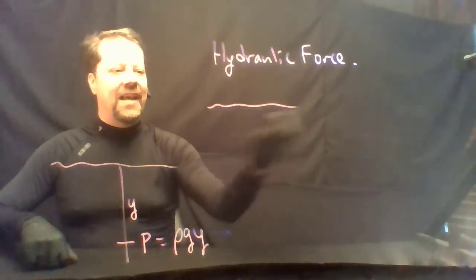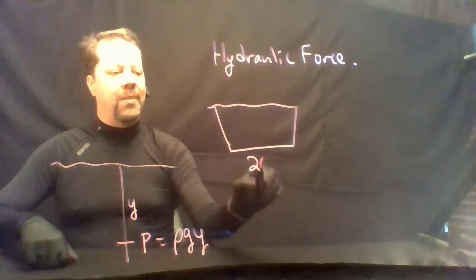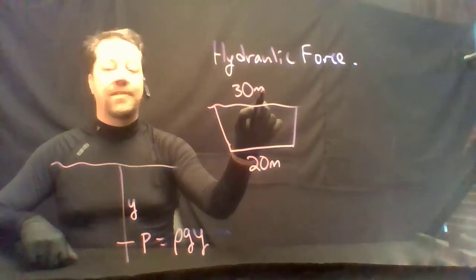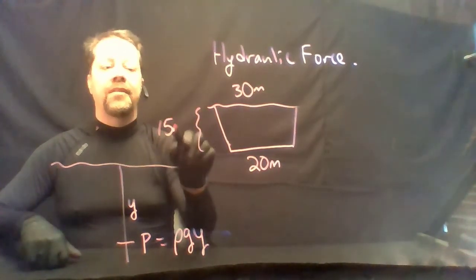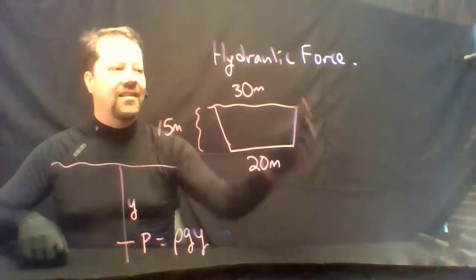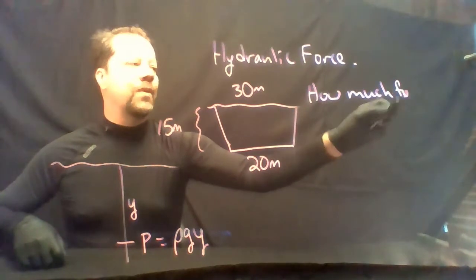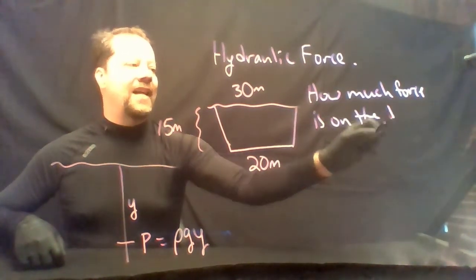Let's suppose that we have a trapezoidal-shaped dam. At the bottom, let's suppose that it's 20 meters wide, and at the top, 30 meters. The total depth is, let's say, 15 meters. I want to know how much force is on the dam.